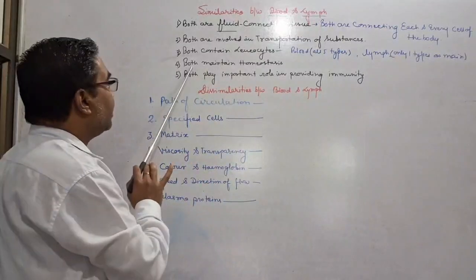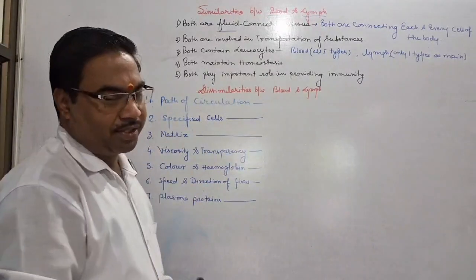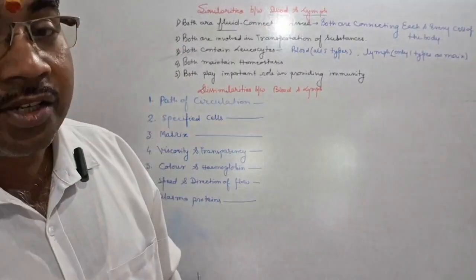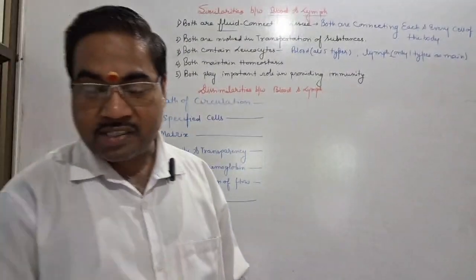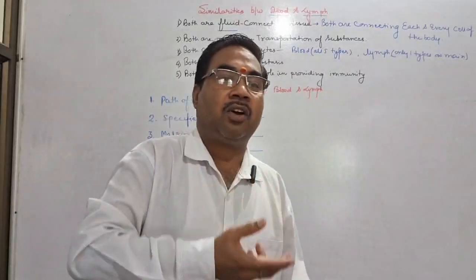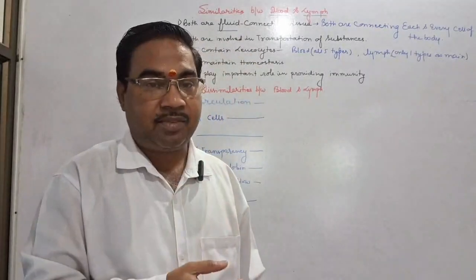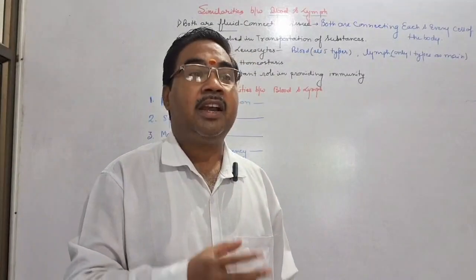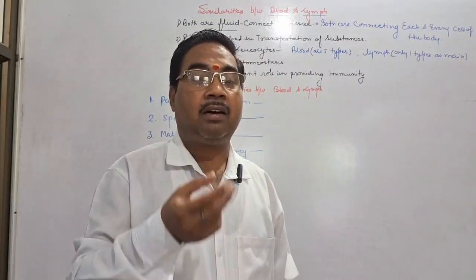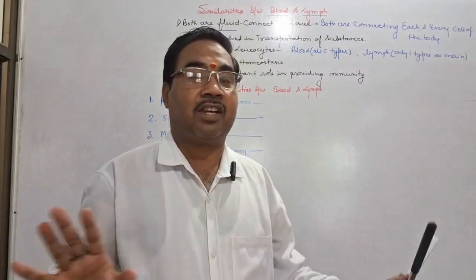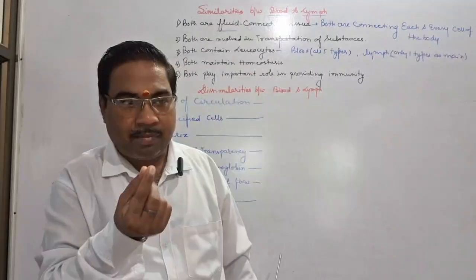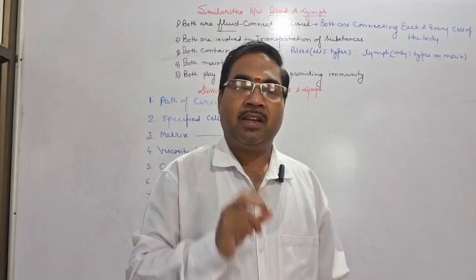The next similarity: both maintain homeostasis. What is homeostasis? Homeostasis is a range of temperature, a range of enzymes, a range of hormones, a range of environmental factors where an animal can survive successfully. We are not surviving by a single factor.